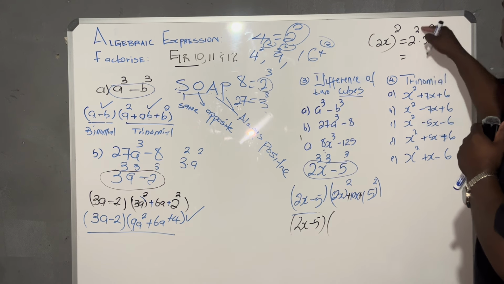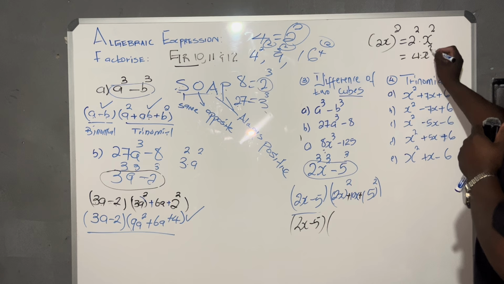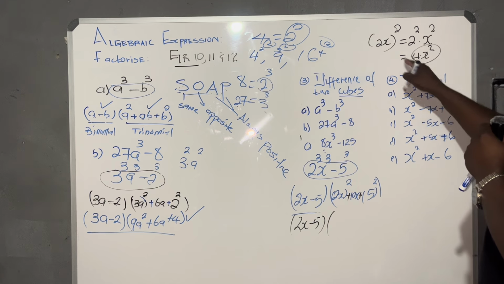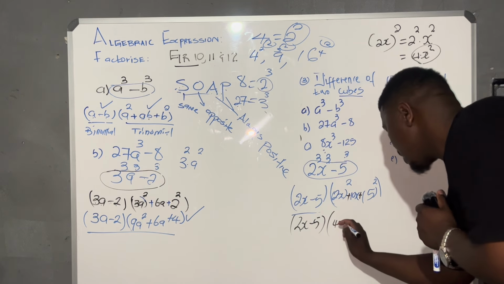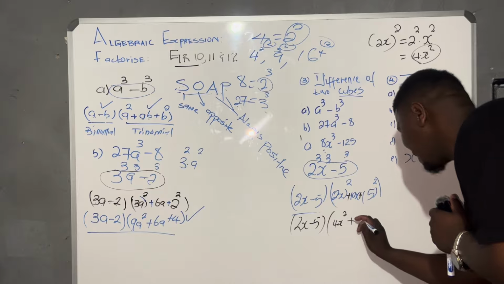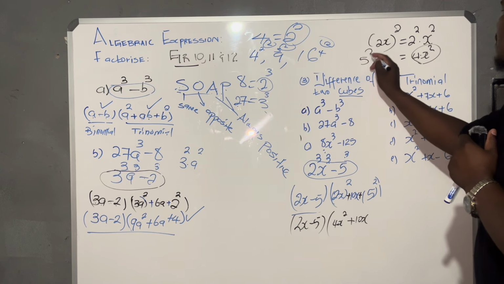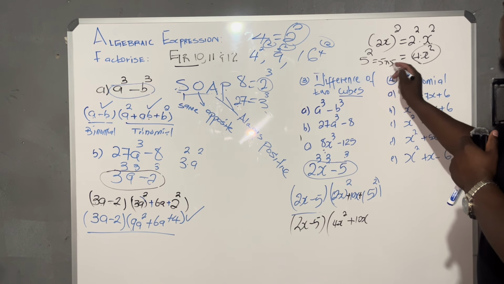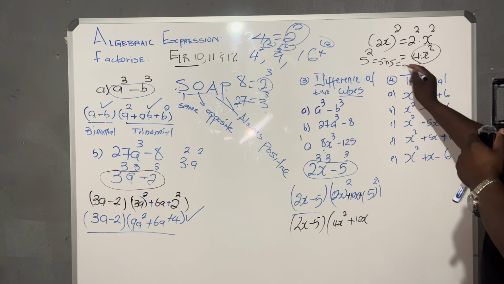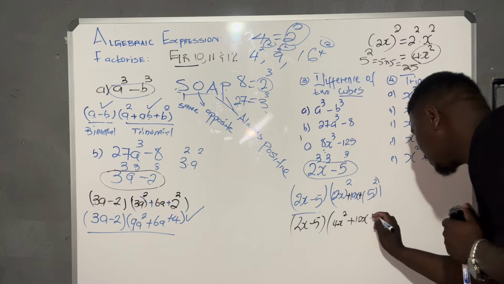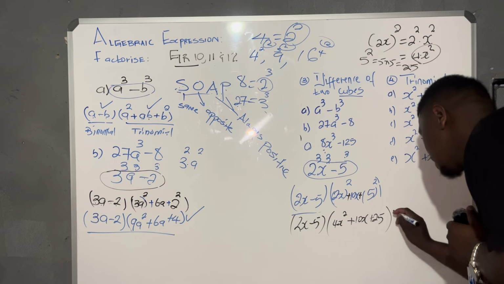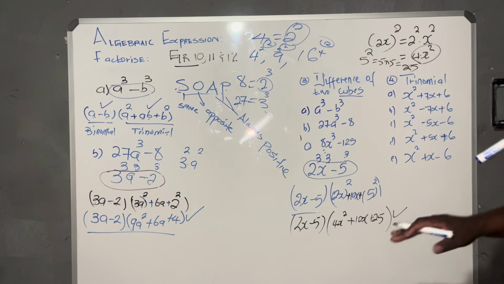So 2 squared is 4, and then x squared remains. So we plug in 4x squared, but this 10x remains as 10x. But 5 squared, that's 5 times 5, which is 10. Sorry, 25. So we have 25 here. Now that is the difference of two cubes.